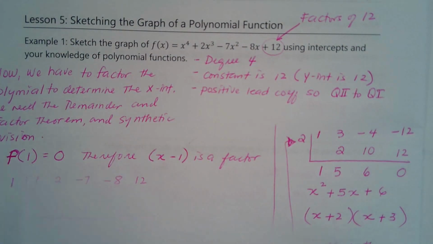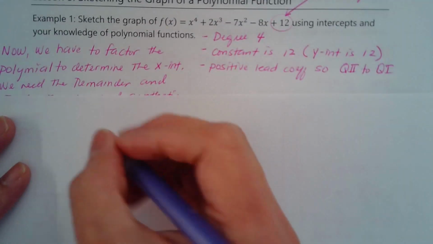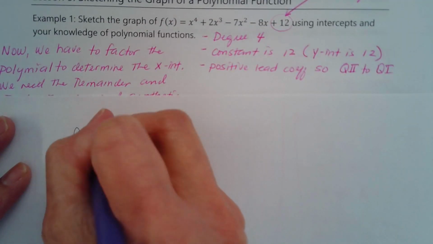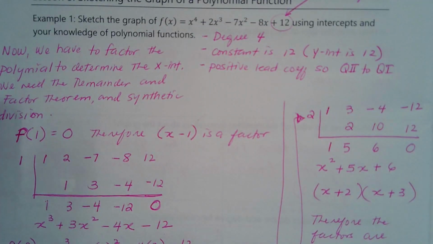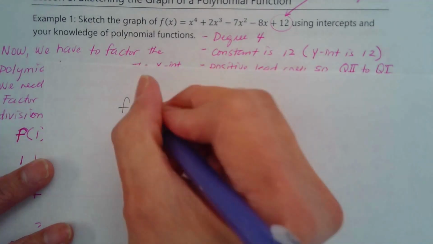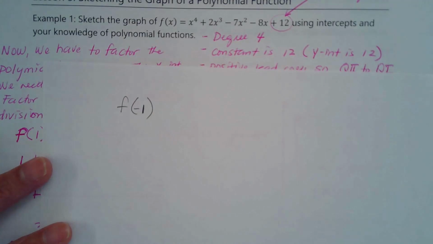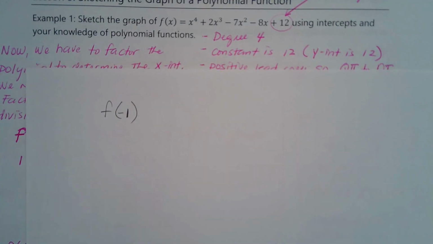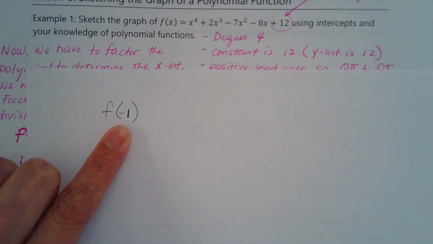If you don't understand, okay, what's f of -1? What's the value of the function when x is -1?